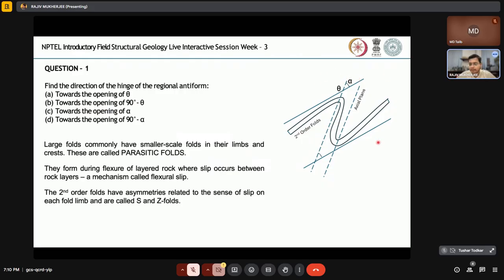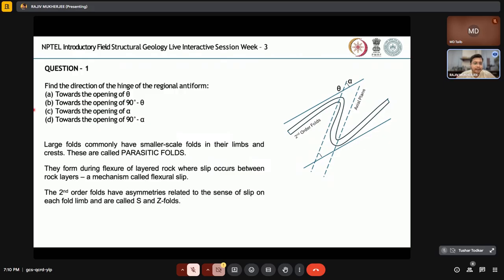So this is an outcrop scale feature, or a part of the fold which has been exposed in the field. You do not know where the hinge of the regional fold is, you just have an outcrop, but from that you have to interpret whether we are observing the correct section or not, and if so, what will be the probable direction of the hinge line.